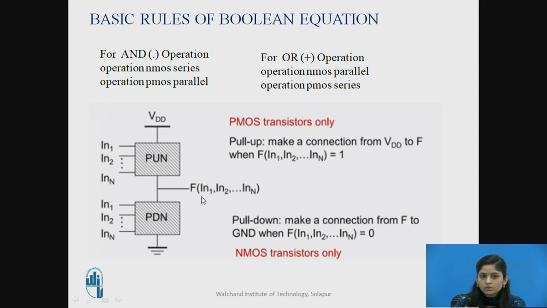Now consider pull up and pull down conditions. In pull up, our PMOS are always connected to VDD, and in pull down, our NMOS should always be connected to ground.